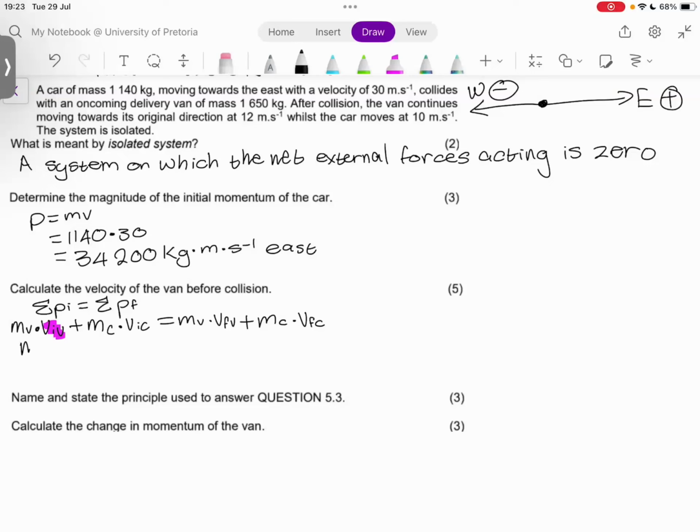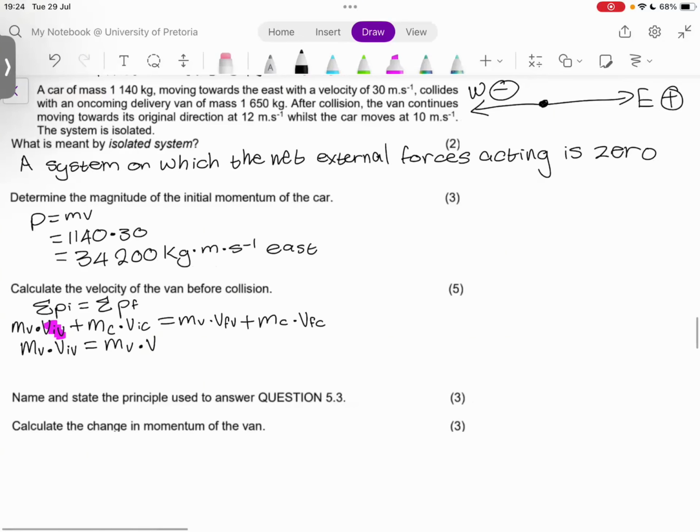We will have the mass of the van times the initial velocity of the van is equal to the mass of the van times the final velocity of the van plus the mass of the car times the final velocity of the car minus, because we took this to the other side of the equation, we would then have what I'm writing down over here.